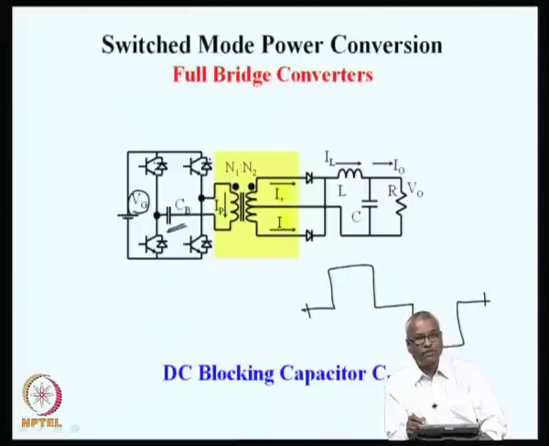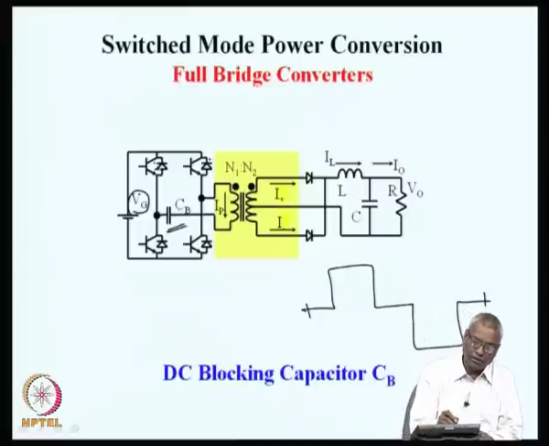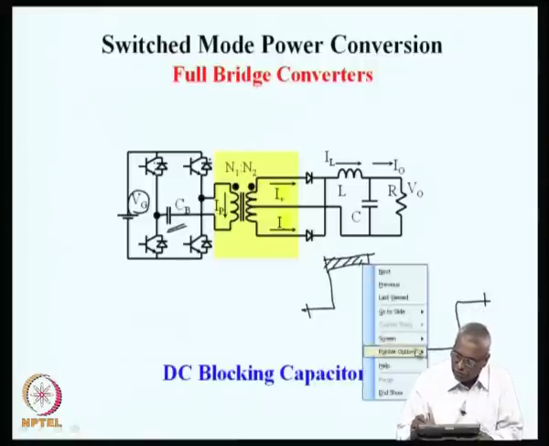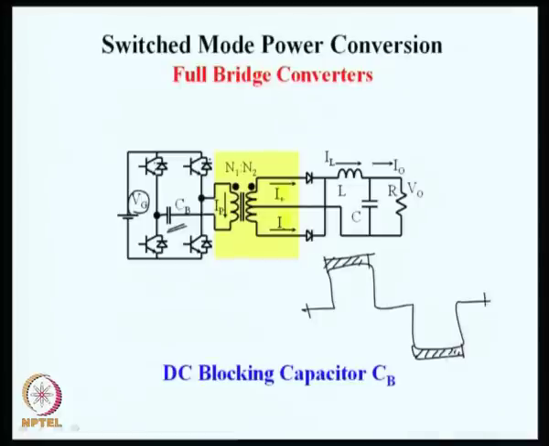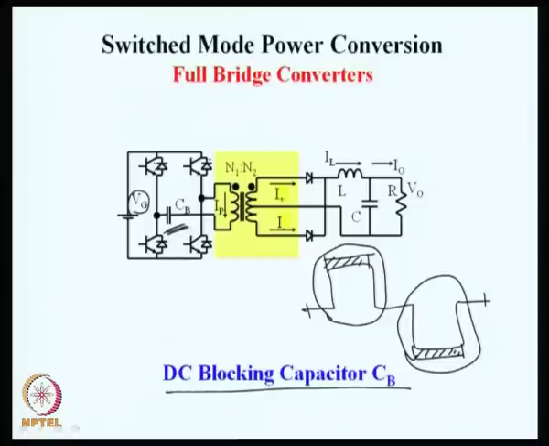And even if the supply voltage is very steady, these voltage drops need not be perfectly equal. On account of that, the positive area of volt second and the negative area of volt second will not be equal in any application. There will be a net DC voltage, and the purpose of this Cb is to block that DC voltage, and it is called the DC blocking capacitor Cb. It blocks the DC voltage from reaching the transformer and saturating the core.